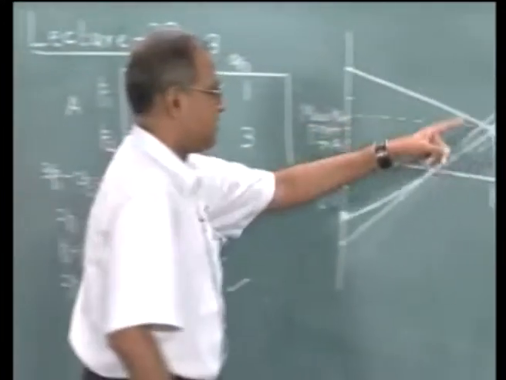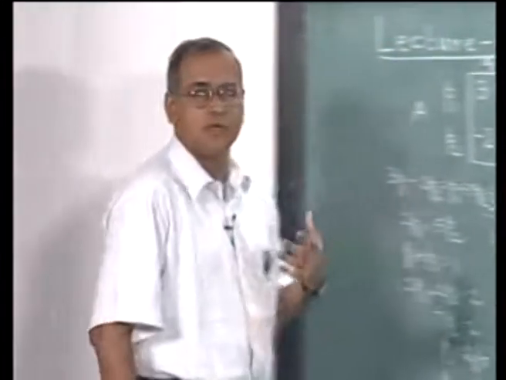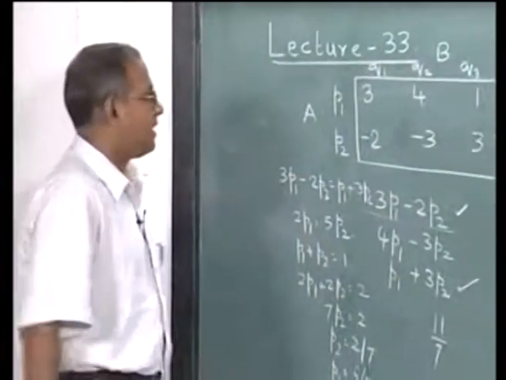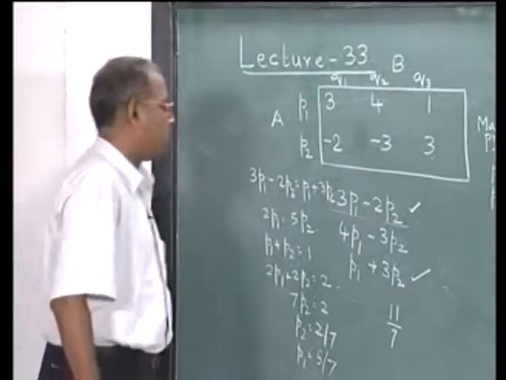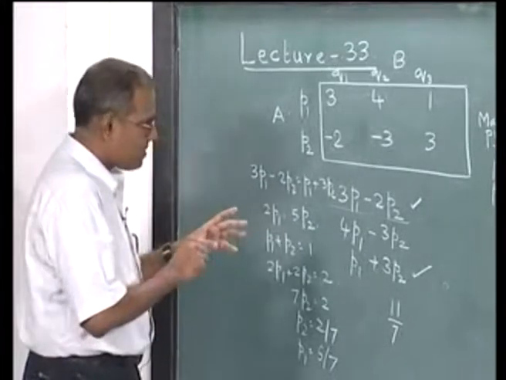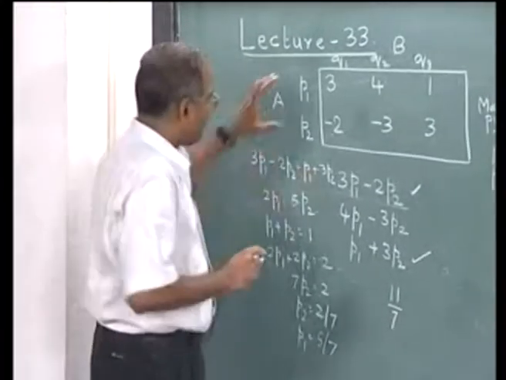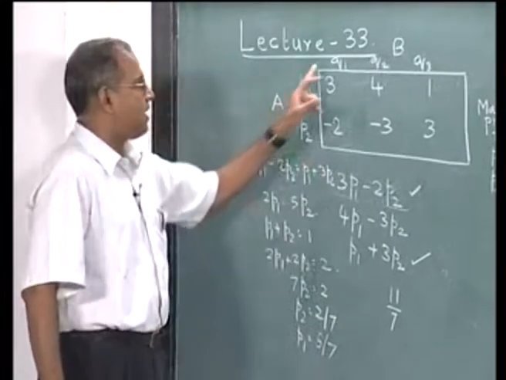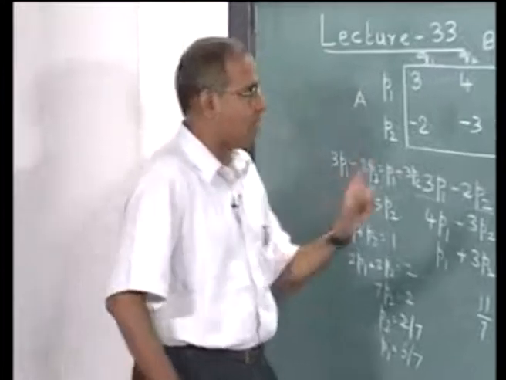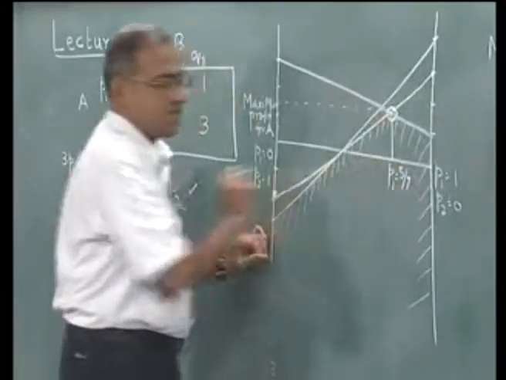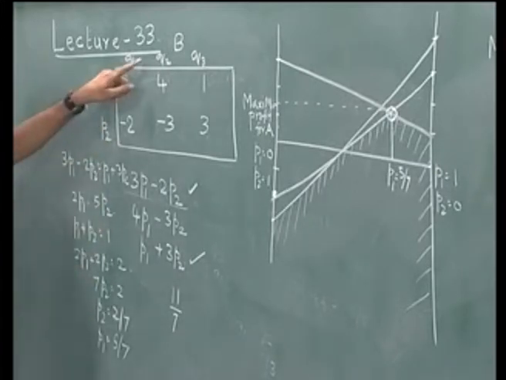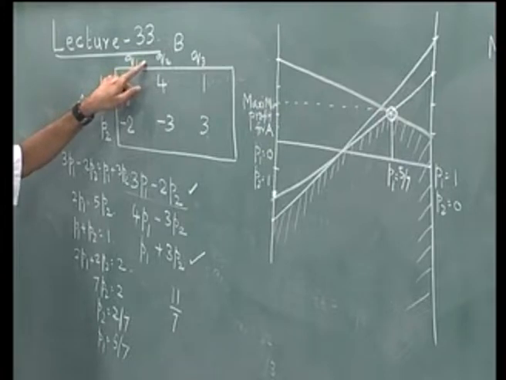Now, once we have found this out, we can find the values of Q1, Q2, Q3 for B. While we can do this for A getting P1 and P2, for B it will be a little more difficult to get it from this graph. Then we may have to go to the linear programming formulation, based on which we can get the values for Q1, Q2 and Q3.